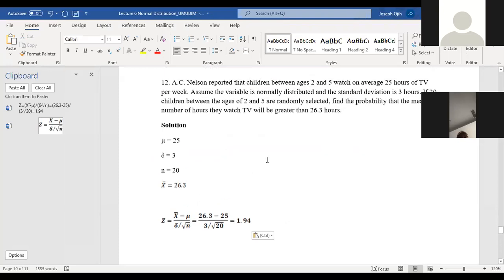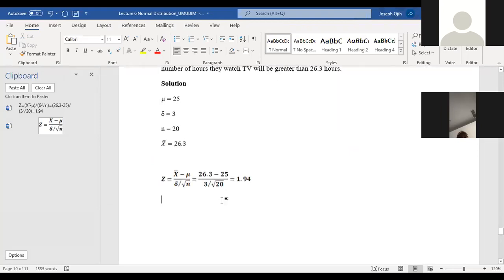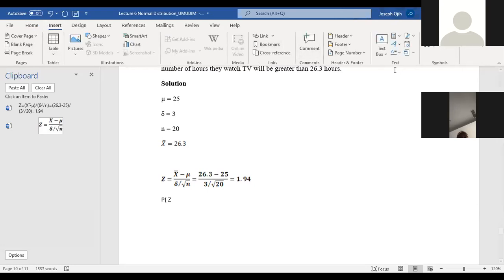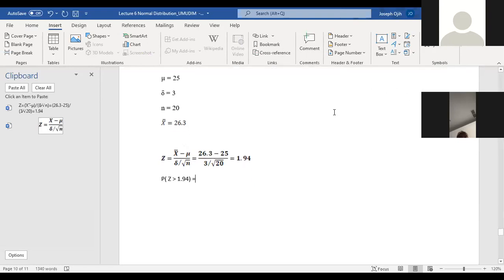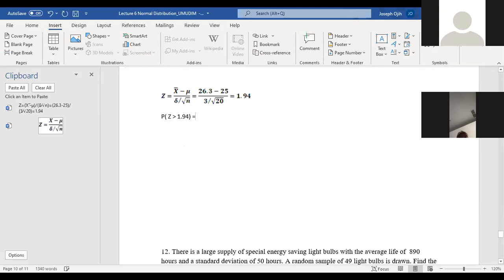So the probability that the number of hours they watch TV will be greater than 26.3 hours becomes the probability of Z greater than 1.94, which will be obtained by drawing this chart.